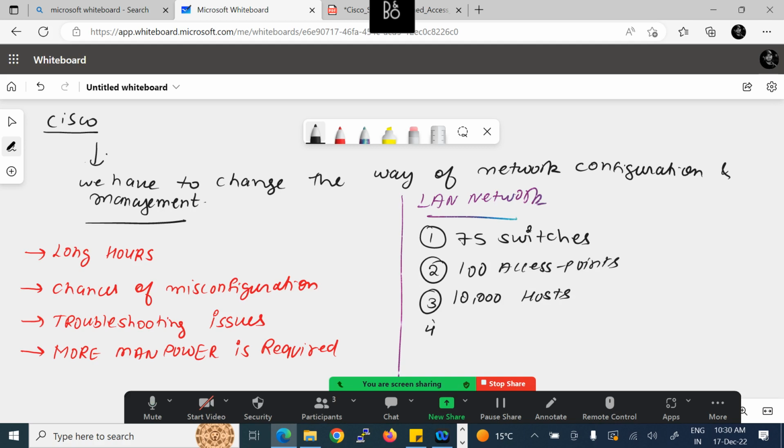All right. And you must have separate VLANs. So we have to create around 50 VLANs over there.